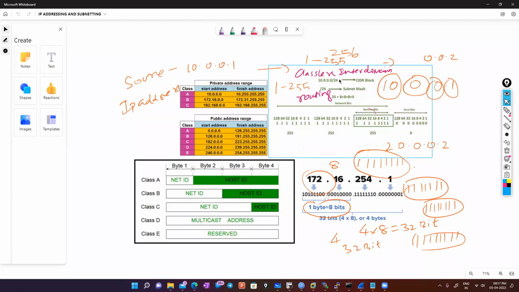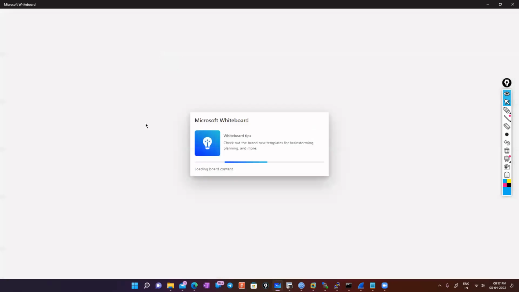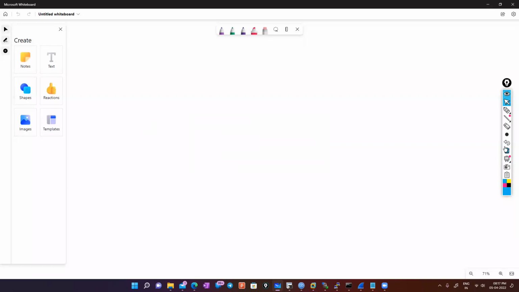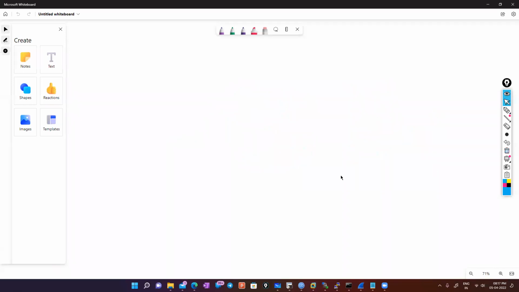We'll take the same example, 10.0.0.0/24.